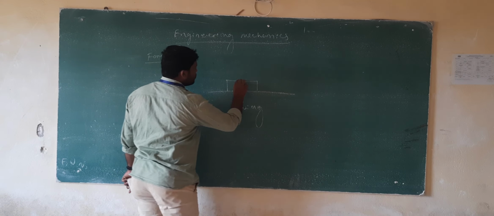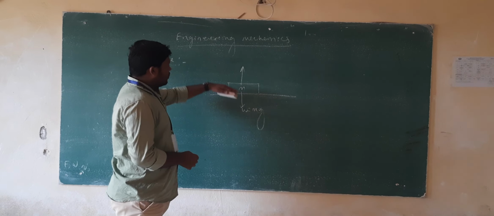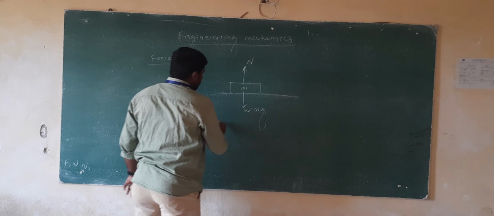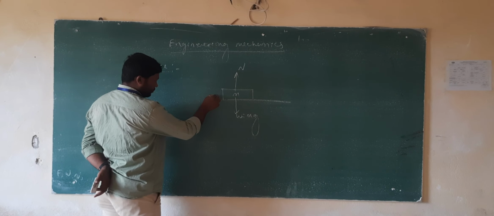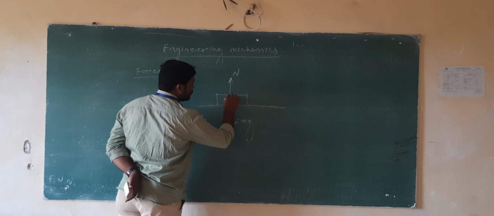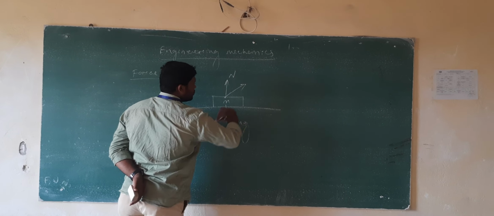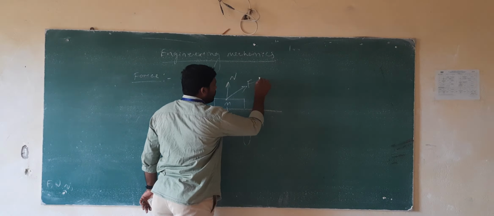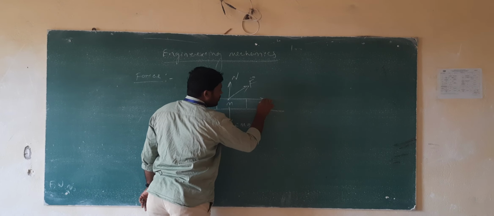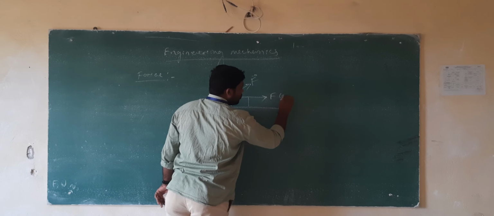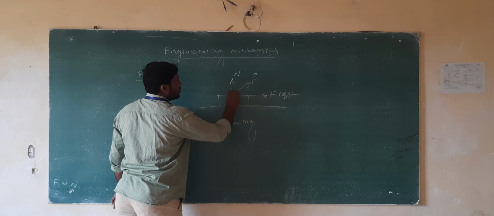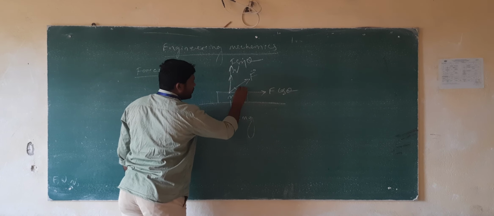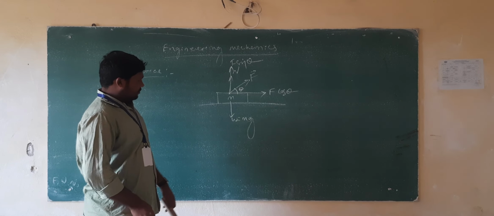This is the normal force, acting in the direction opposite to the weight. If this is the force F acting upon this object, in the horizontal direction it will be F cos theta, in the vertical direction it will be F sin theta, and this is the angle theta.